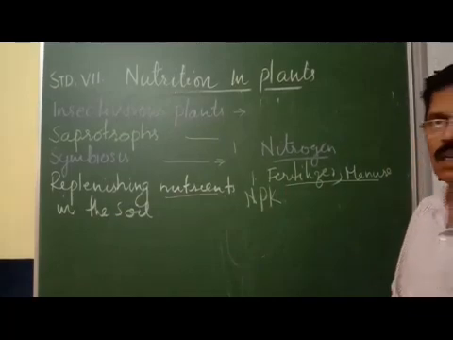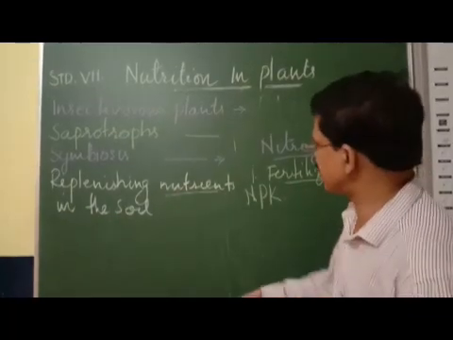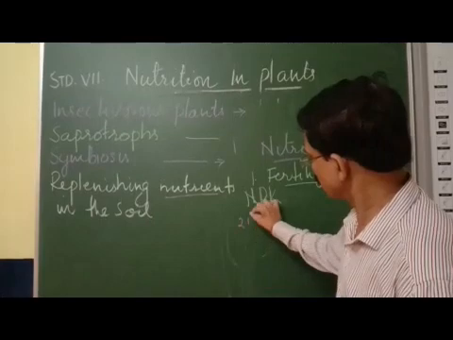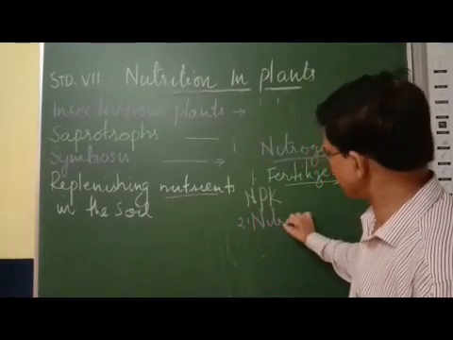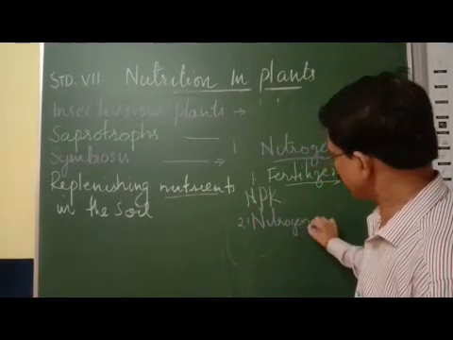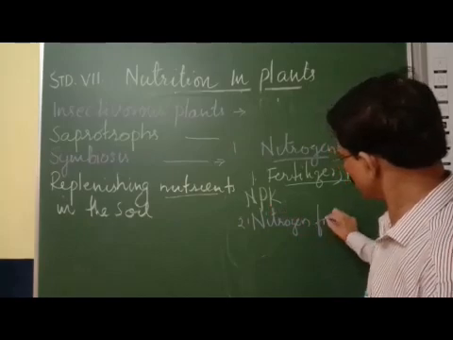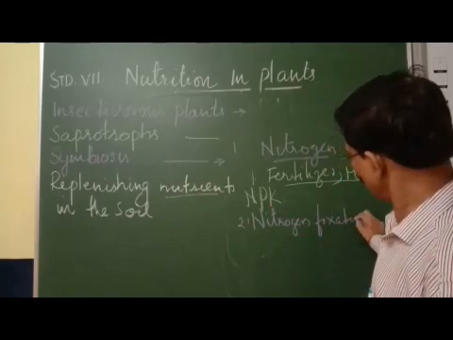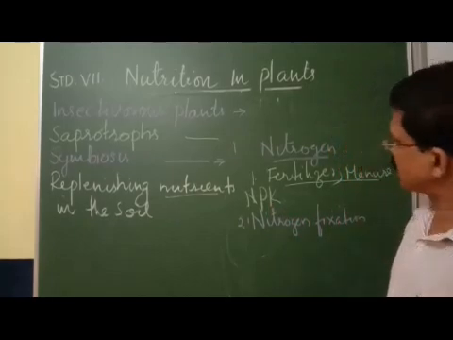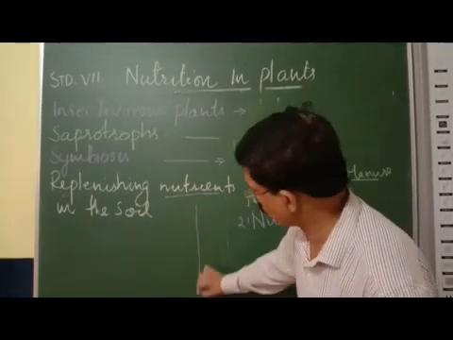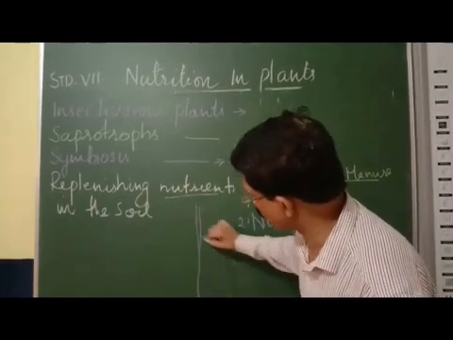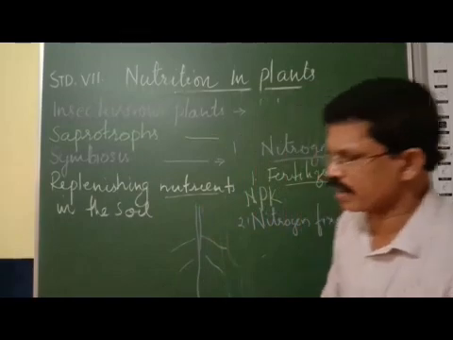But the second method is nitrogen fixation. I have already told you about nitrogen fixation. You know, in nitrogen fixation, the root nodules, I have already told you, root nodules of which type of plants?